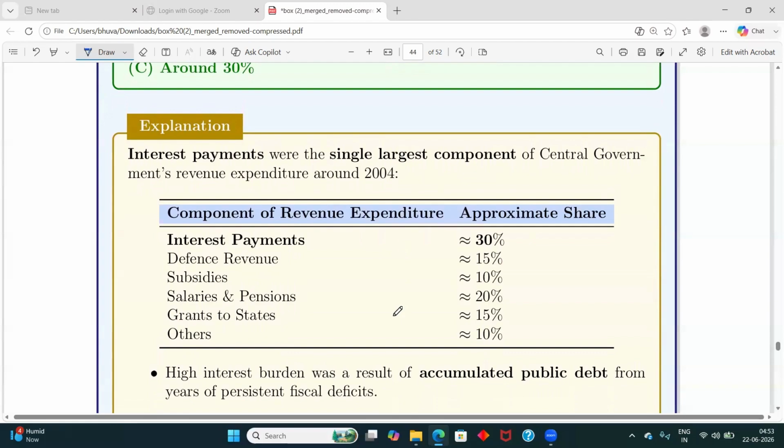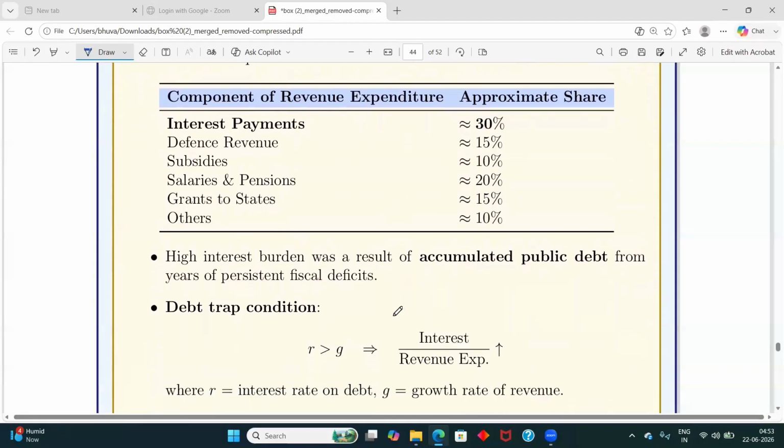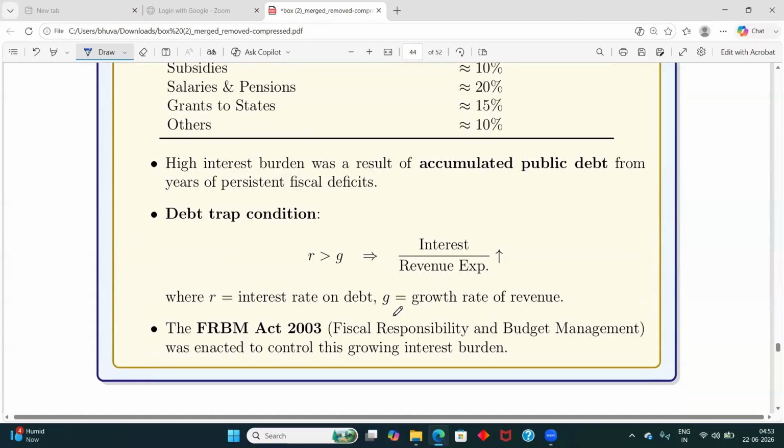The high interest burden was the result of accumulated public debt from years of persistent fiscal deficit. Debt trap condition: R greater than G implies a rising ratio of interest to revenue expenditure, where R is the interest rate on debt and G is the growth rate.